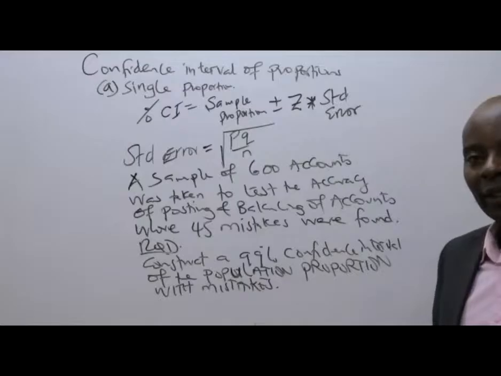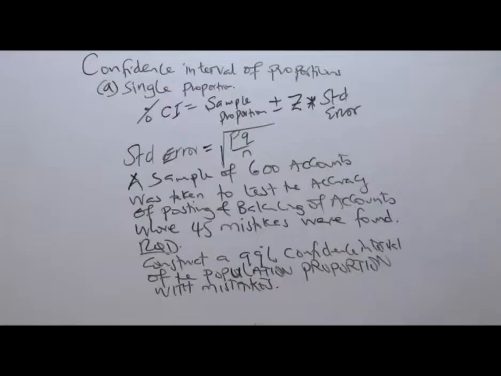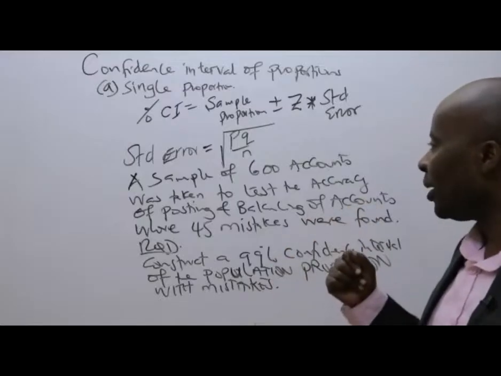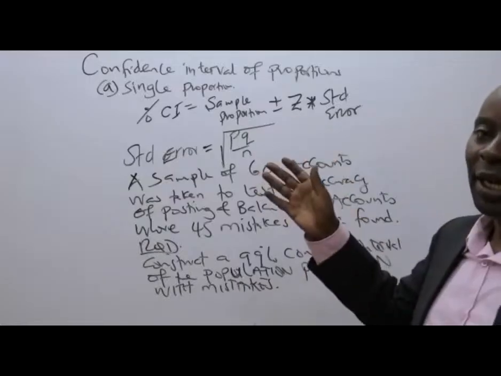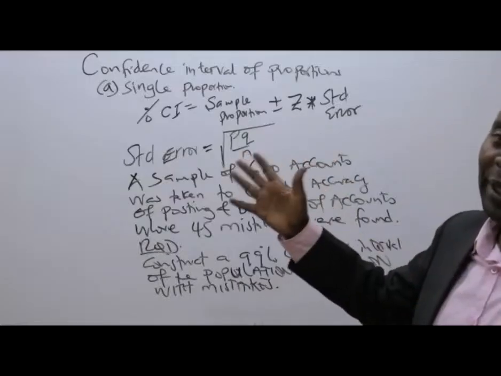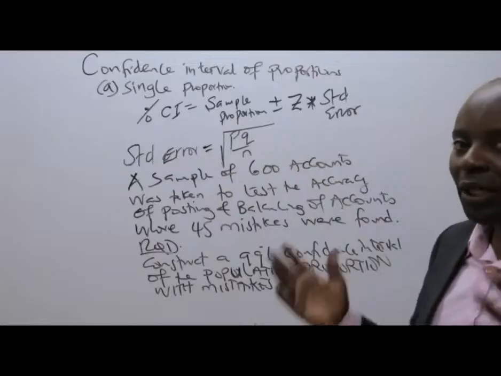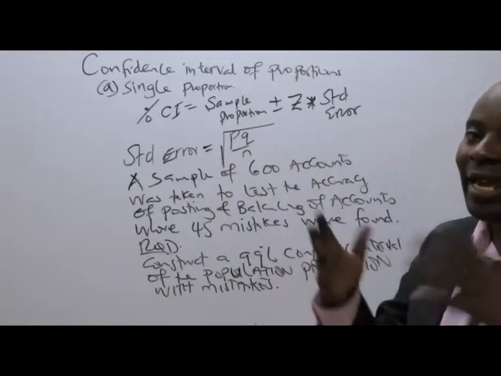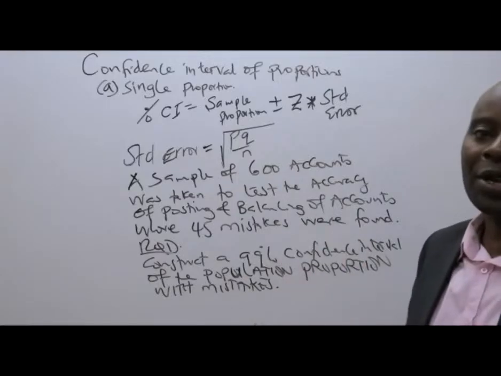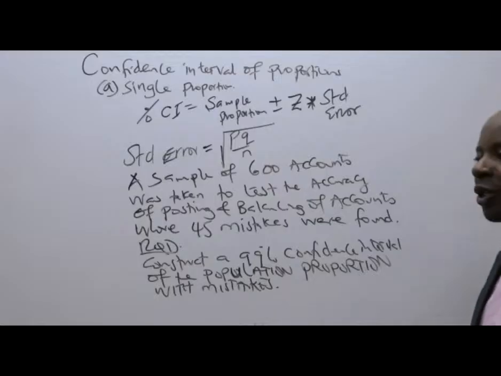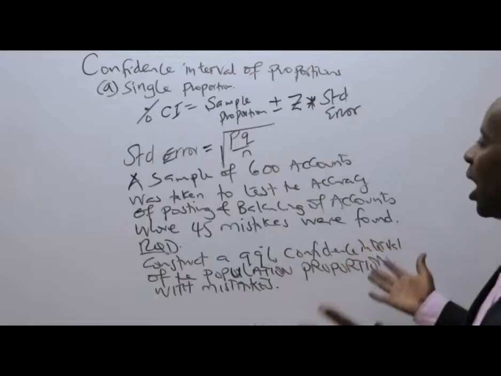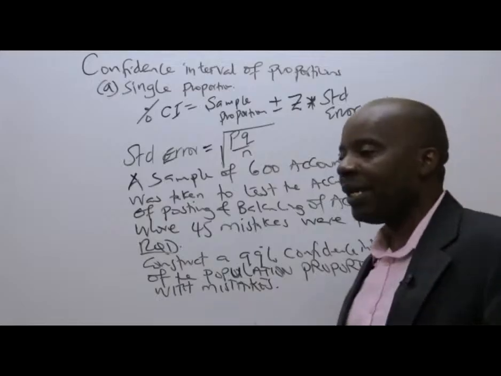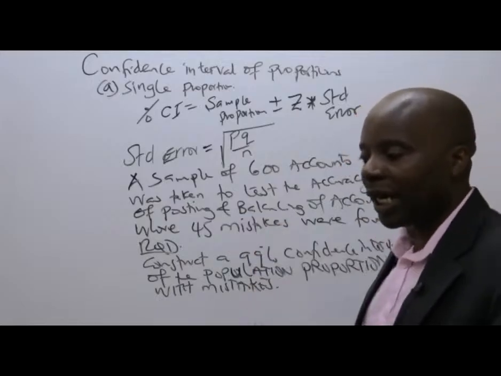Now, ladies and gentlemen, we have here a sample. We could be a big company and we happen to be having so many ledgers. But of course, we can't go looking for the entire thing. We can't carry out a census. It'll be very expensive. So here what we've done, we've taken out a sample of how many accounts? 600 accounts.